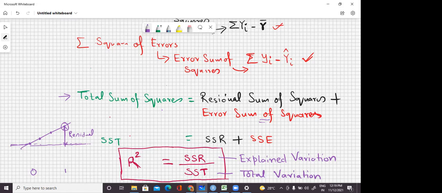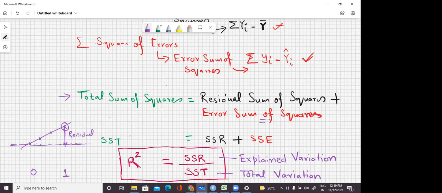Because we are taking a ratio, and the denominator consists of something plus the numerator, it will always be less than 1. And it is a square value, so all the values we are squaring before adding, so it will never be negative. So less than 1 and never negative.